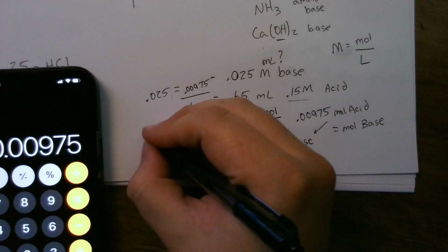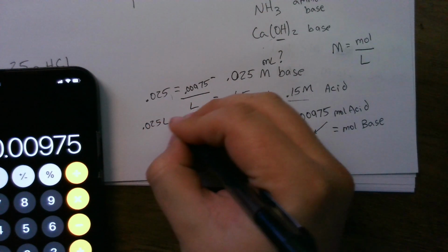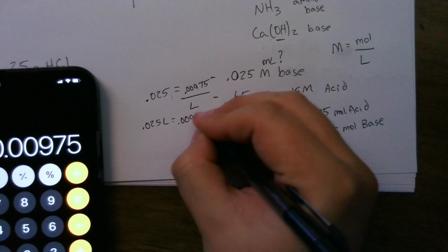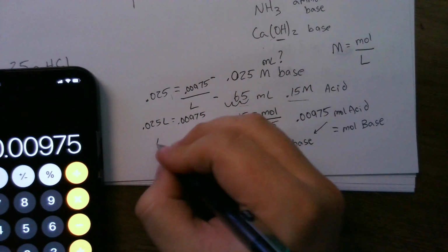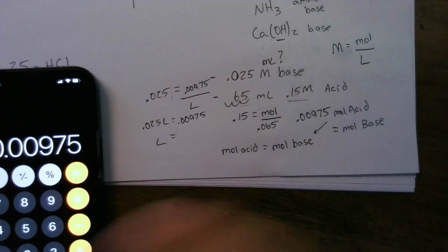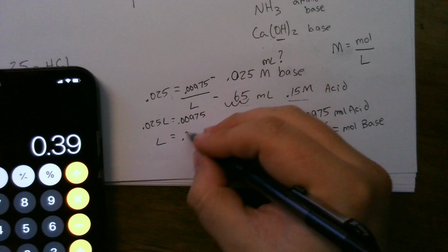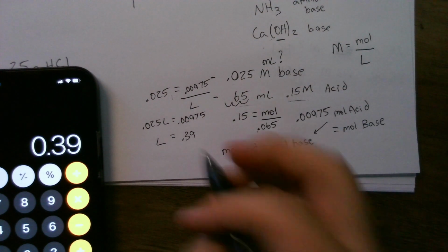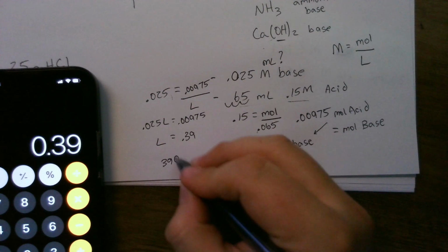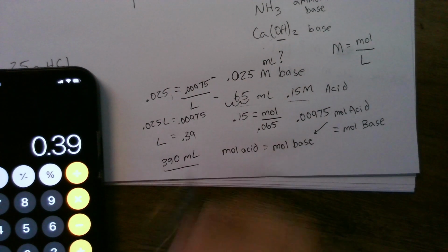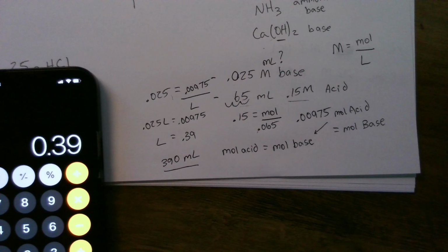Multiply liters up here. Solve for liters by dividing by that 0.025. 0.39 liters, which is 390 milliliters, because the problem asks for milliliters specifically.